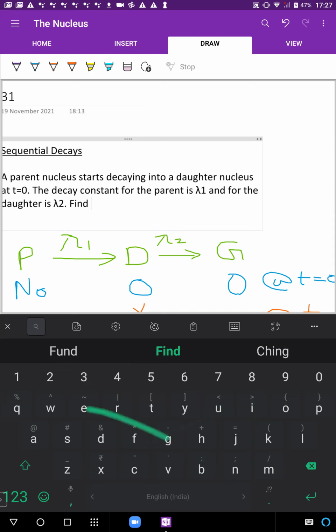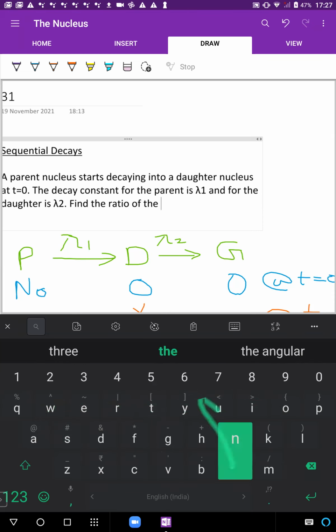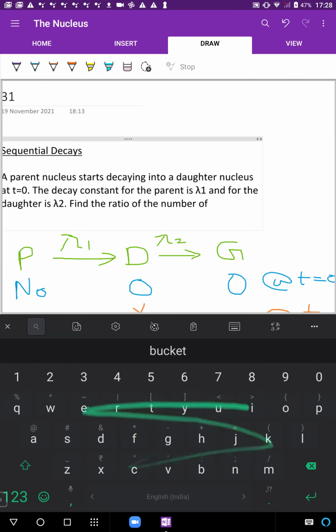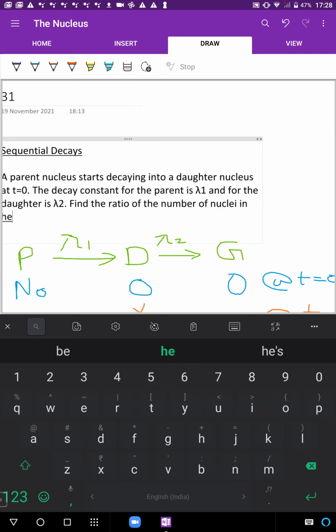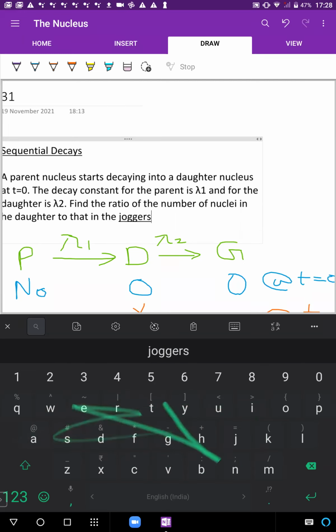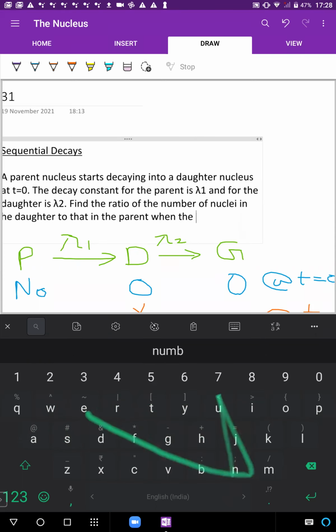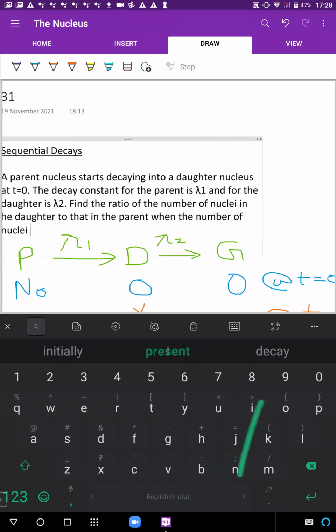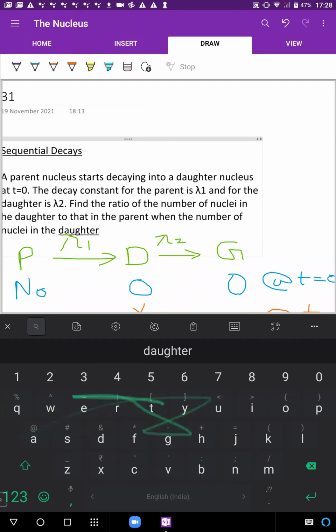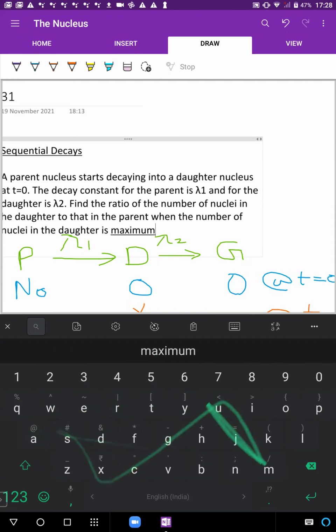Find the ratio of the number of nuclei in the daughter to that in the parent when the number of nuclei in the daughter is maximum.